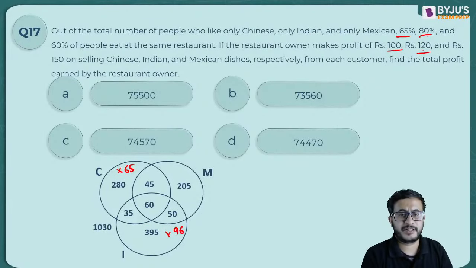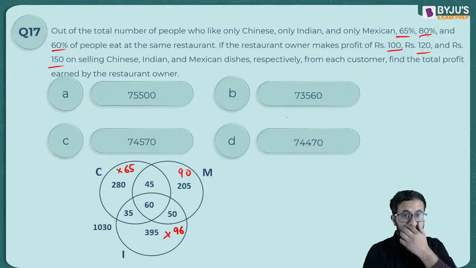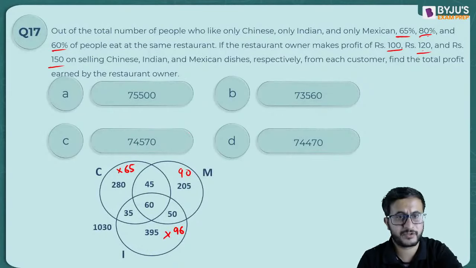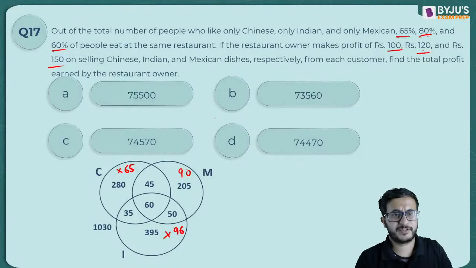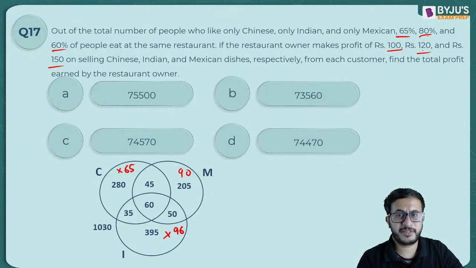So Indian हो जाएगा 96 से multiply, and 60% of 150 is 90, right? So we'll multiply this. Okay, so maybe you might use a calculator for this. Okay, one way is doing using calculators, right? Another way is probably I don't know, but that is one way to reject answers, right?